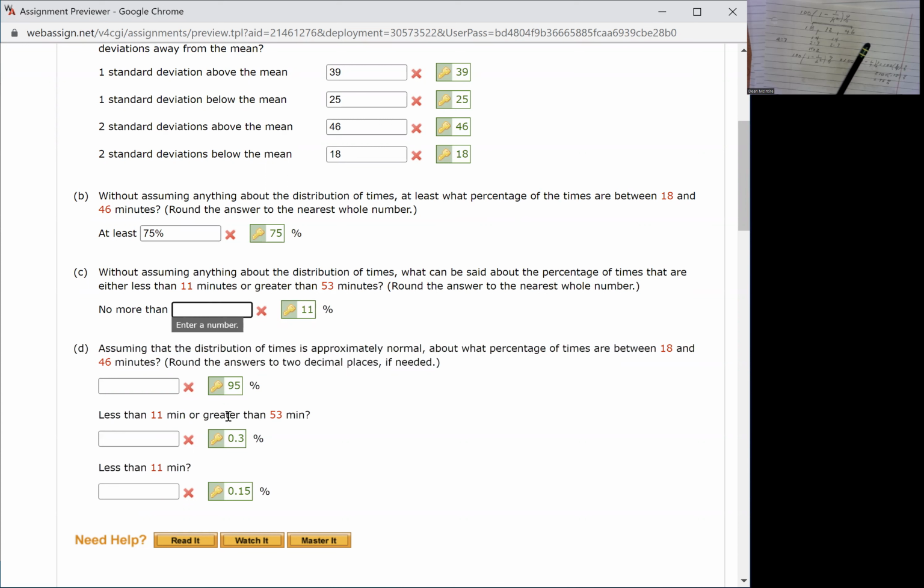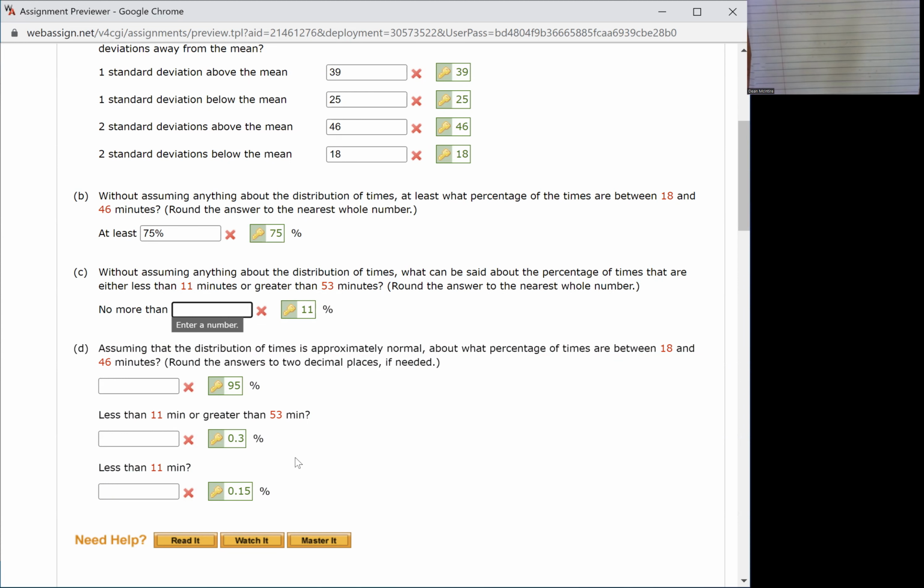Now, you'll notice all these problems that you've been working deal with what percentage falls between two things around the mean. Everything is measured around the mean.